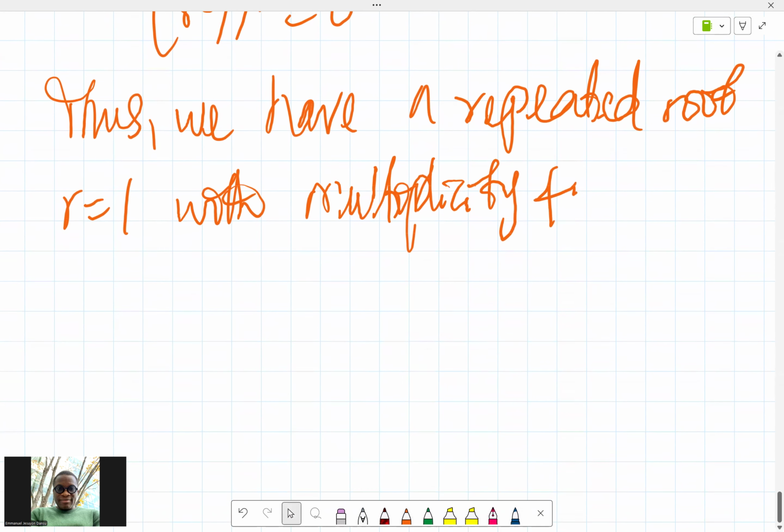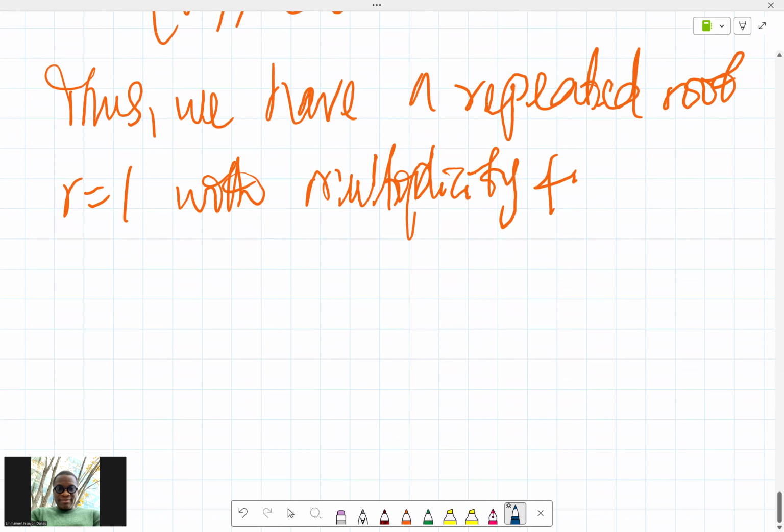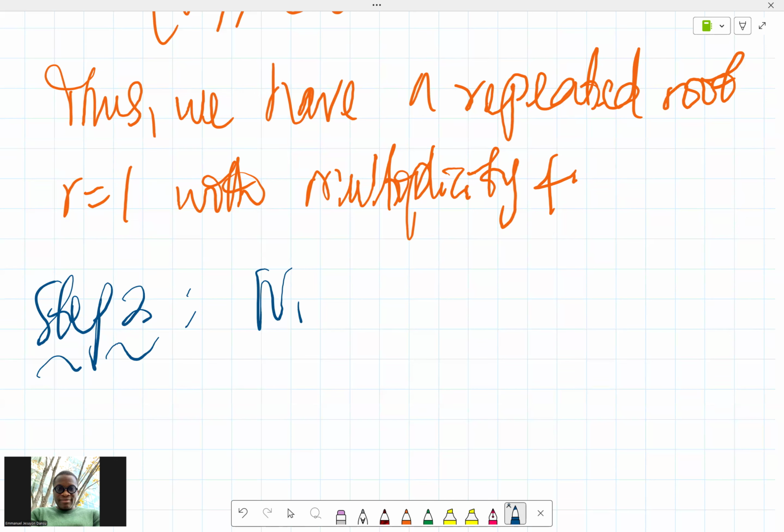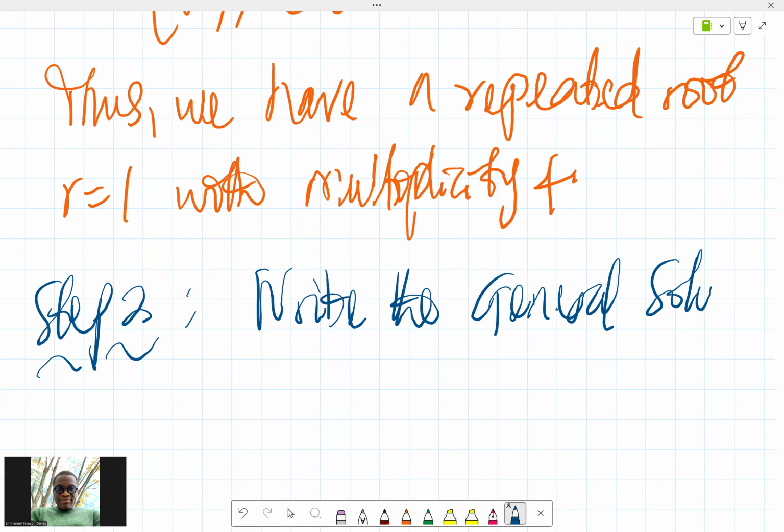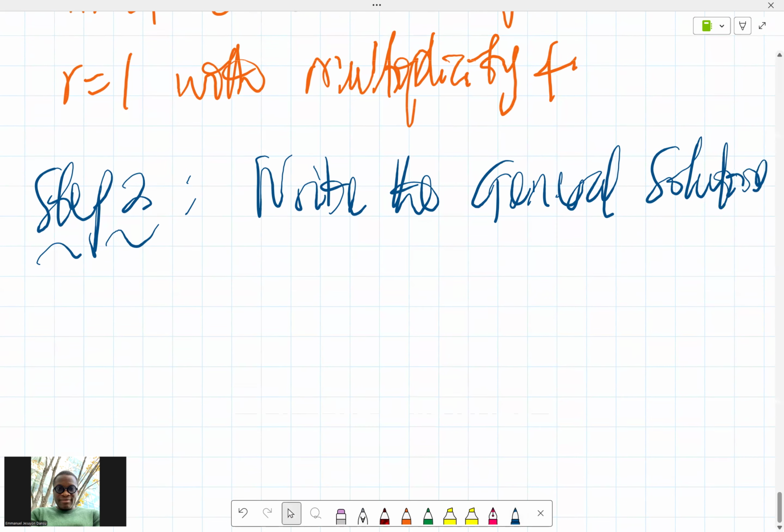If that is the case, then we can go ahead and talk about step 2, where we write the general solution. To write the general solution, we already have an idea.